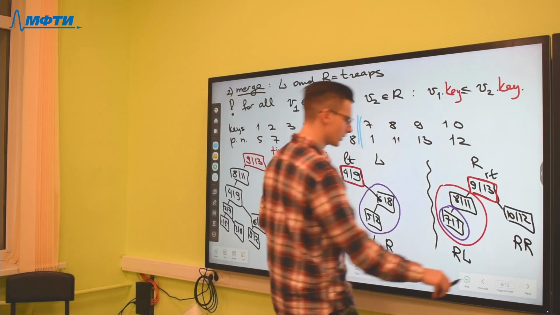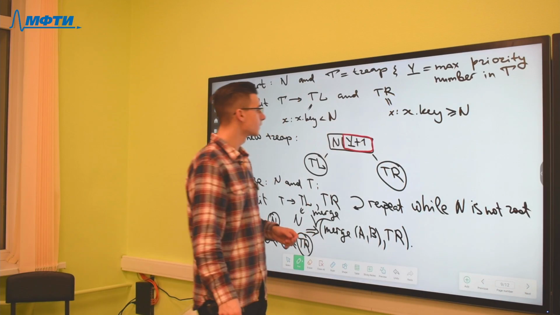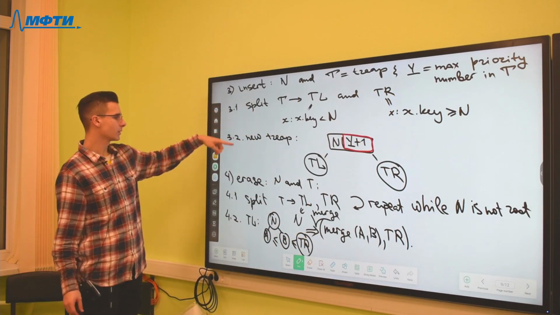So if we insert a number, we use only splitting.